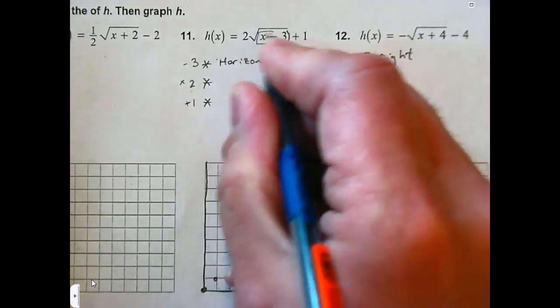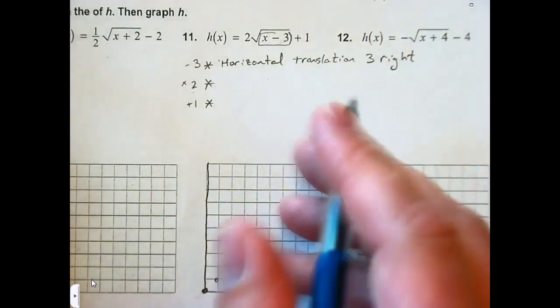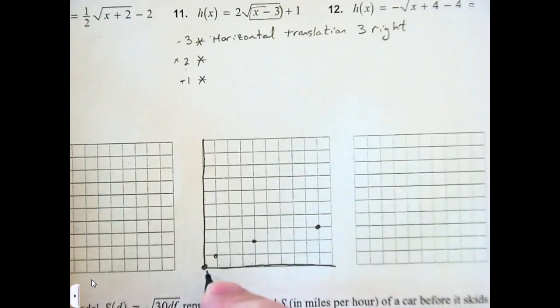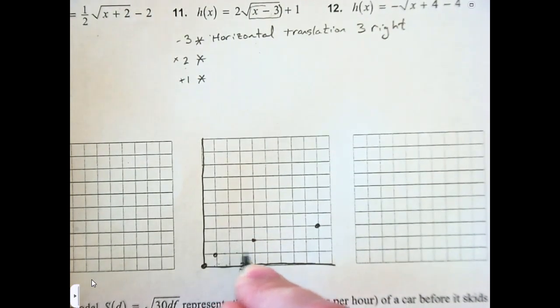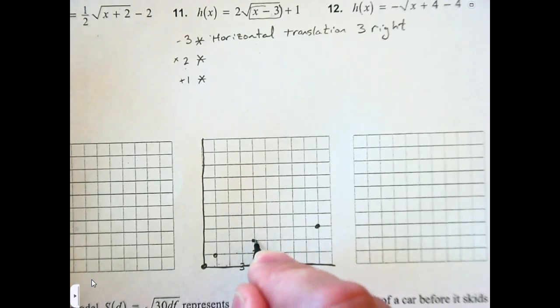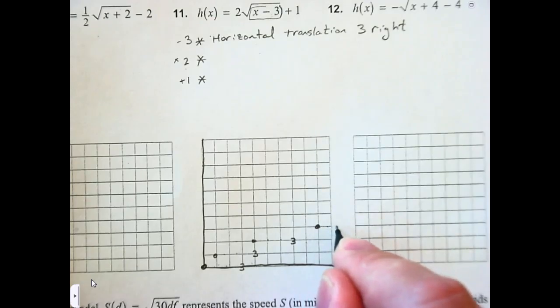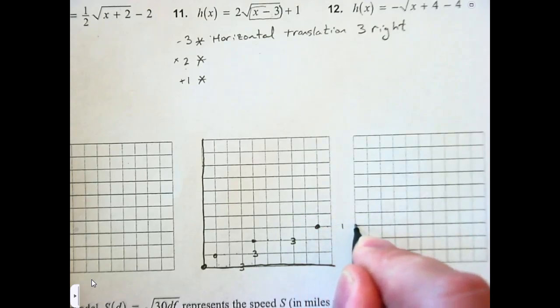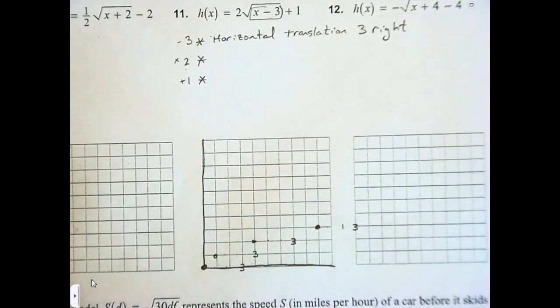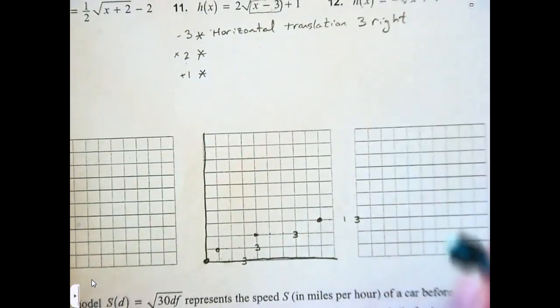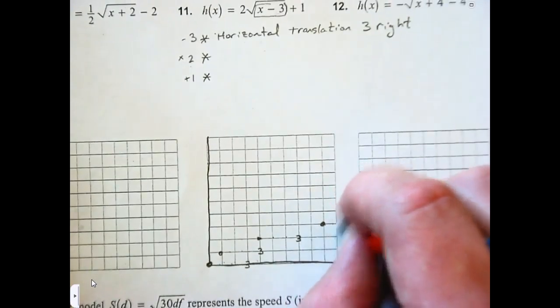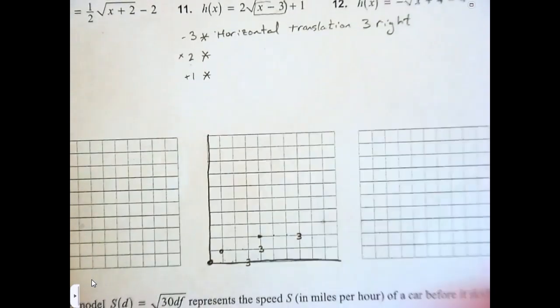It's kind of opposite. We'd think plus for going right, but it's 3 right. So we move this point 1, 2, 3. We move every point 3 right. That one we kind of skipped because it's now off our graph, so I'm just going to erase that one. I'm not going to use it. Okay?